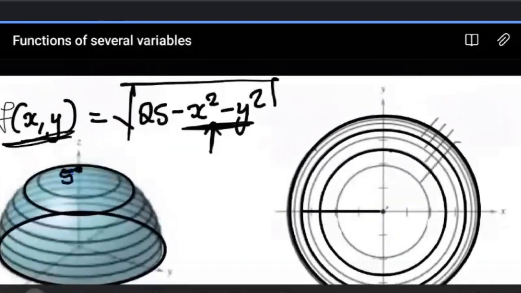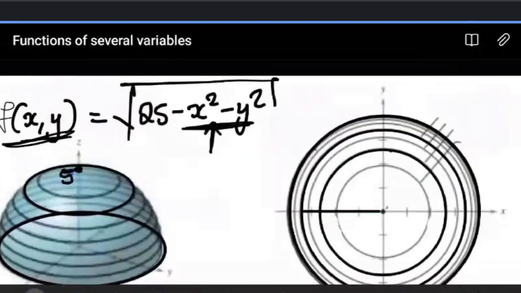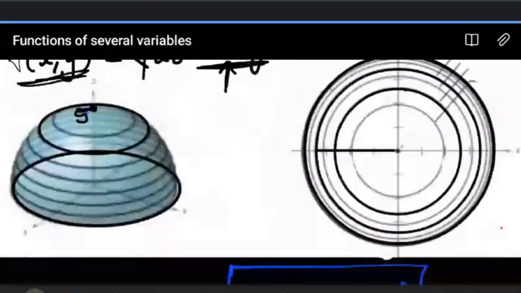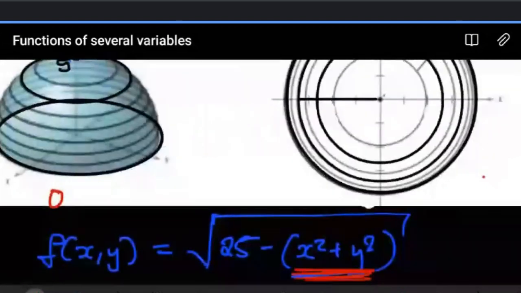Now, by seeing how that diagram looks, you can now try to predict what the range for such a function would be. Now, the range will be the smallest value of z in this description, which is 0 when this term here is equal to 25. And the maximum value of z is going to be 5, and 5 is going to occur on the diagram right at the top there.